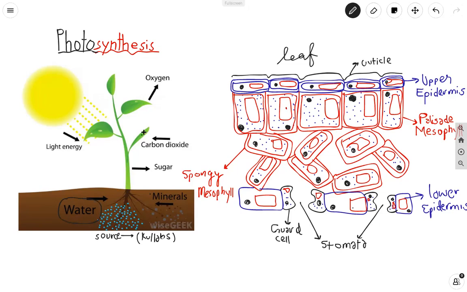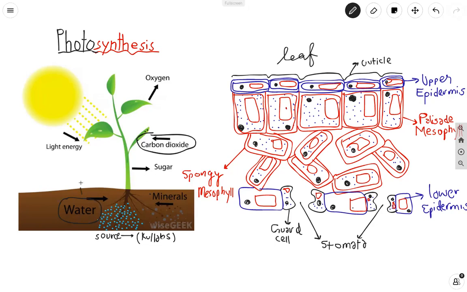And then we also saw that stomata, present mostly on the underside of the leaf, have openings so that the carbon dioxide from the air can go into the leaves to perform photosynthesis.